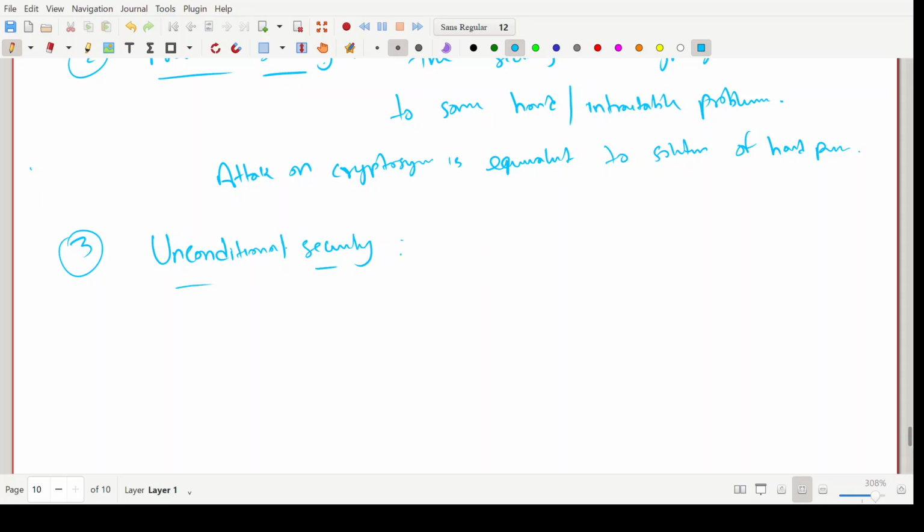A crypto system is defined to be unconditionally secure if it cannot be broken even with infinite computational resources.